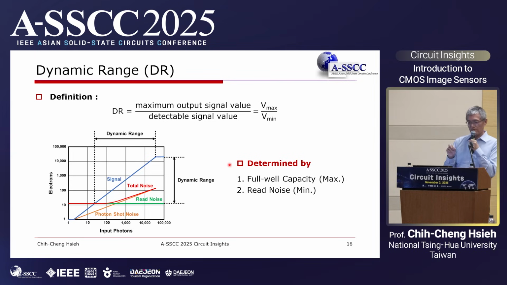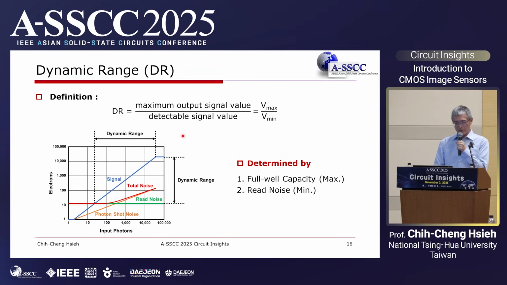Here in sensors, we use a similar definition, but actually there are two dynamic range definitions in CMOS image sensors. One is like this one. The other one is how to handle the brightest part and the darkest part in the same image.